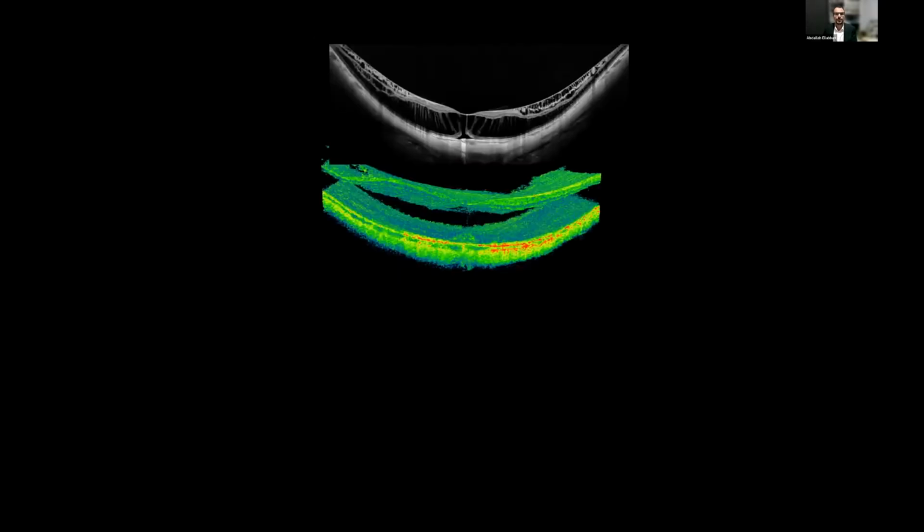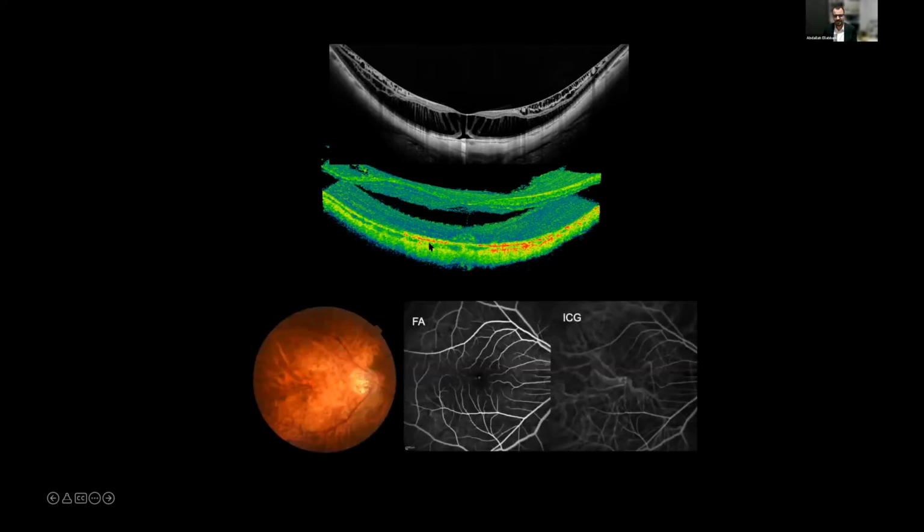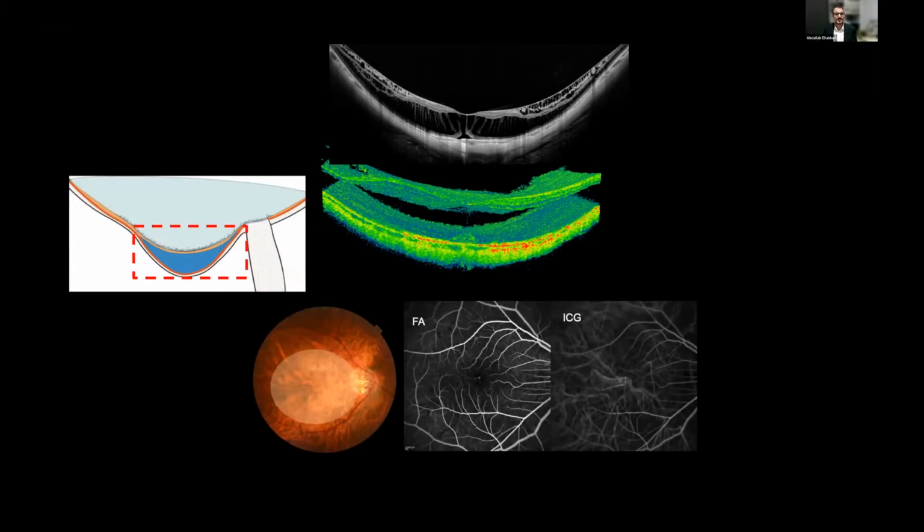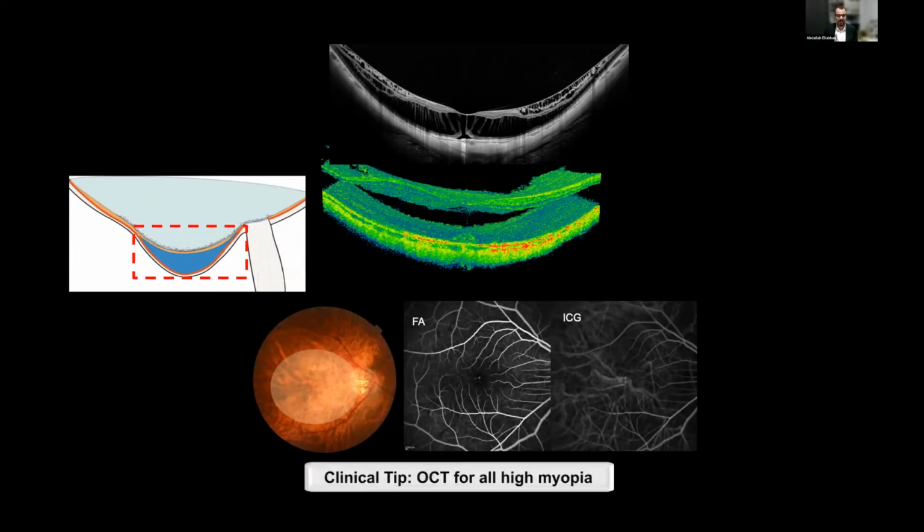Interestingly, when you do 3D imaging, you can clearly see how the inner retina is split from the outer retina. Previously, we were unable to see these changes, and in fluorescein and ICG, you can hardly pick up any change. This is simply because of the inelasticity of the inner part of the retina compared to the outer retina, and this leads to the stretch of the retina, forming these schitic changes.